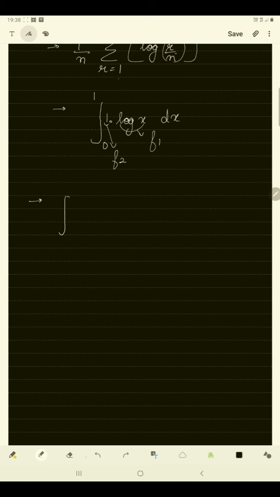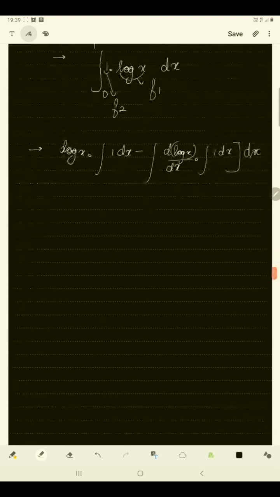We have x log x, integration of 1 dx, minus integration of differentiation of log x upon dx into integration of 1 dx, and whole dx. So this is the form we get.